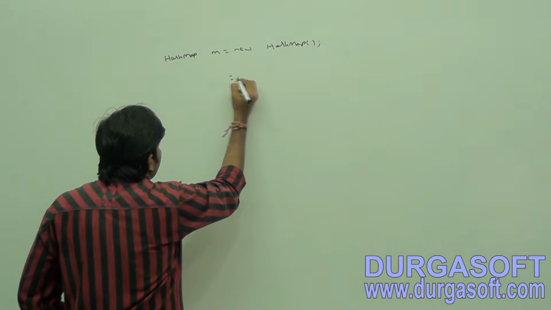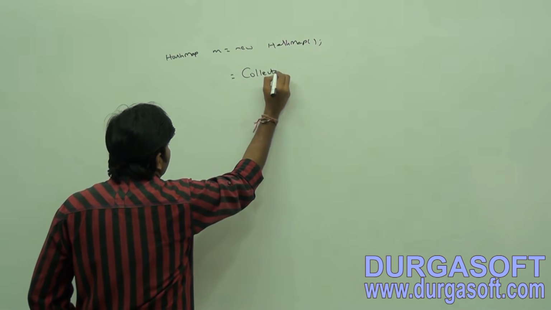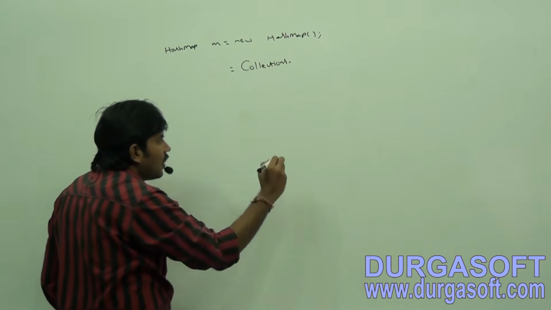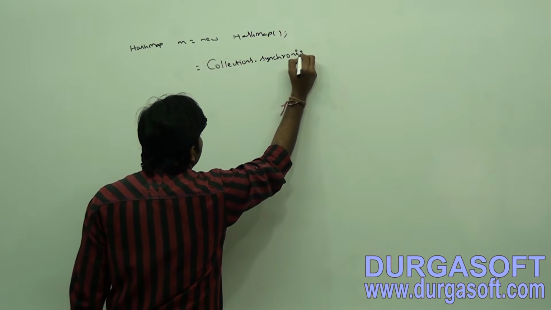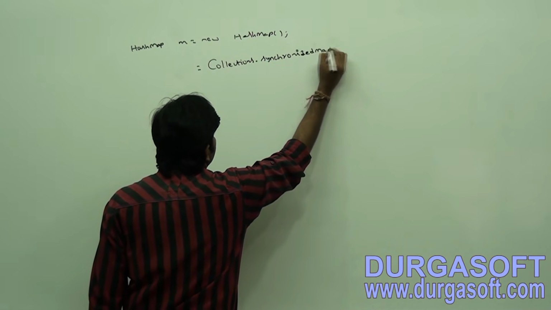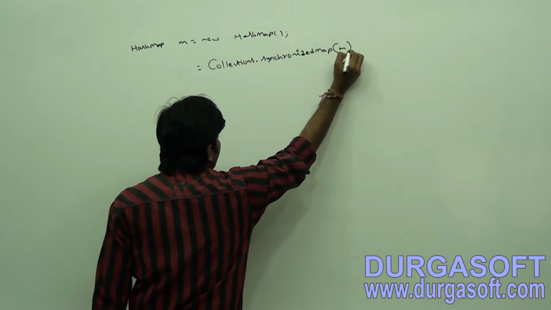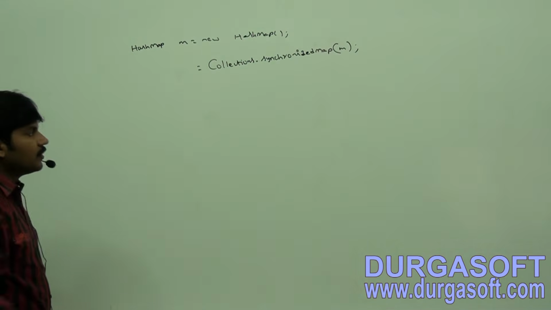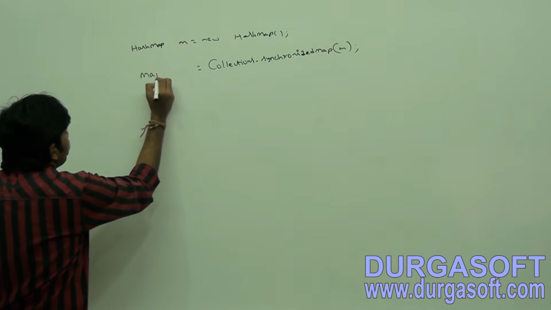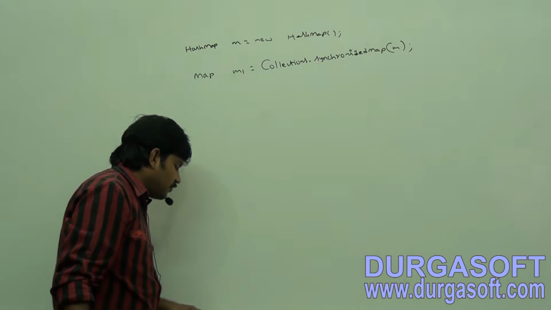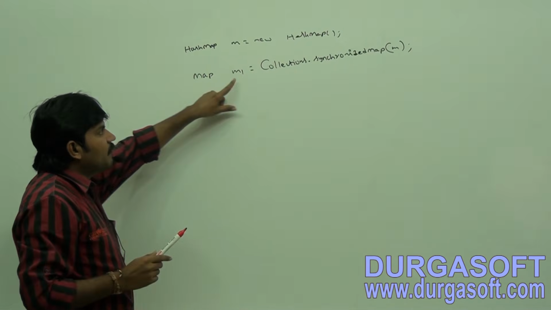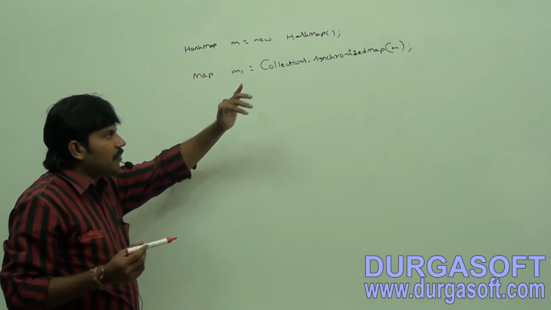Very simple. Collections class contains Collections.synchronizedMap(m). Now I will get Map m1. Observe very carefully: Map m1 = Collections.synchronizedMap(m).